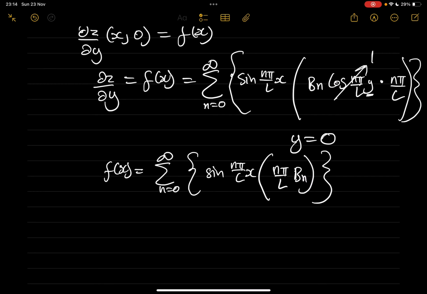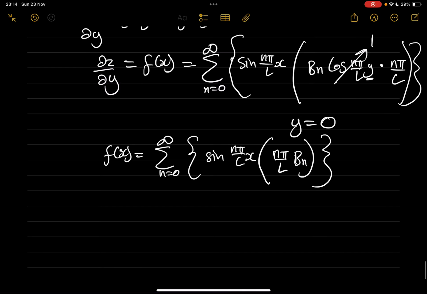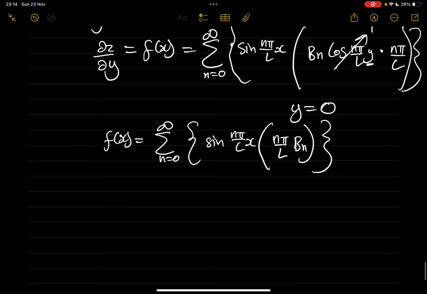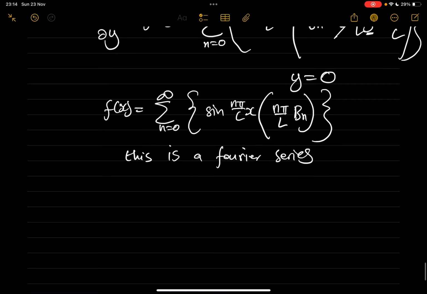So from here, if you look closely, this is a Fourier series.